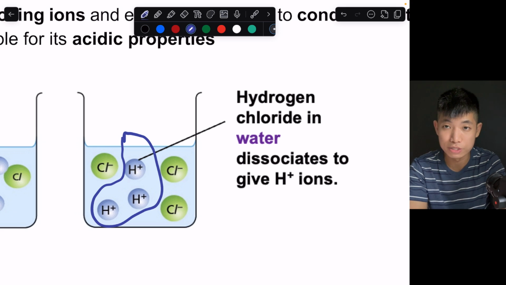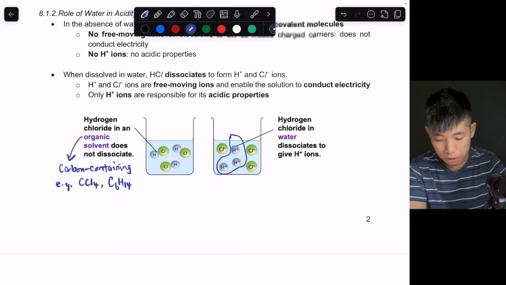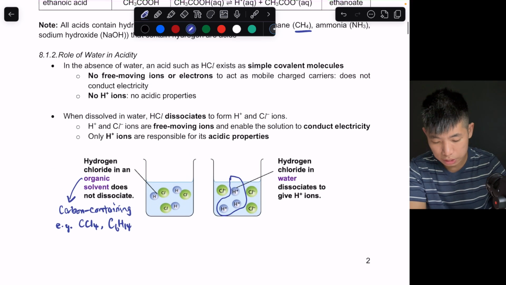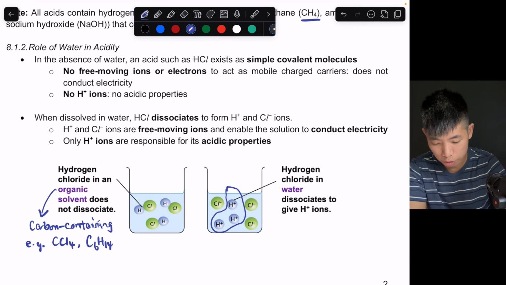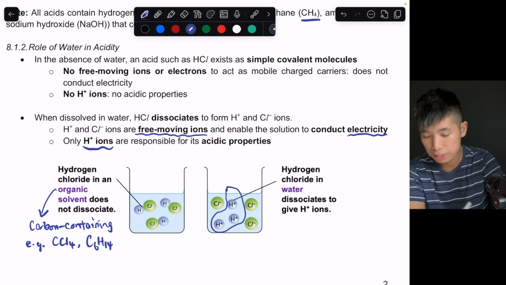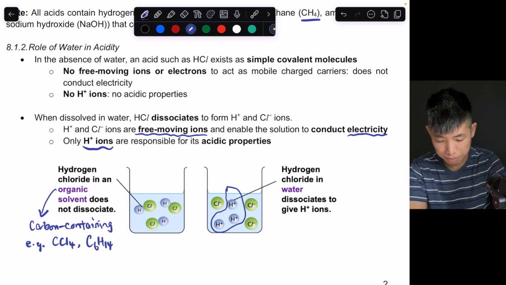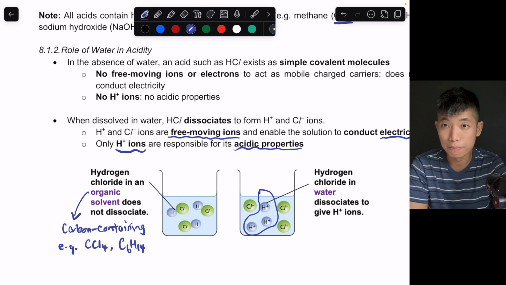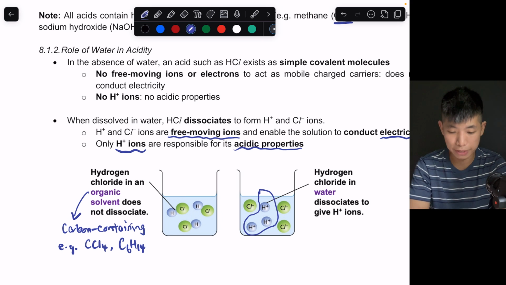Why are acids corrosive is always due to the H plus ions. So take note when we use the term H plus ions or your free moving ions in general. Okay, so free moving ions we use when we talk about conducting electricity, and H plus ions we use when we talk about properties of acid, especially their chemical reactions.